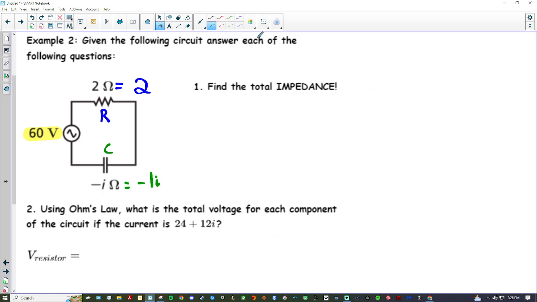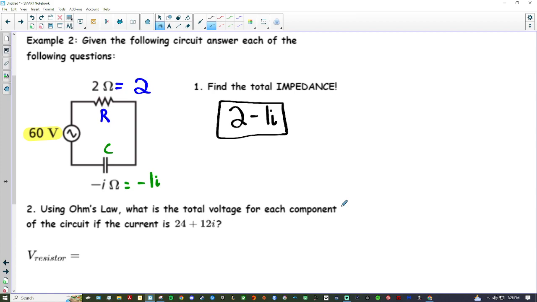To find the total impedance, we just add our resistances together. So we have 2 plus negative 1i, or just 2 minus 1i. Okay, so here is our impedance. We have no like terms, and we're done with that. Now that we have our impedance, we are asked to use Ohm's law.